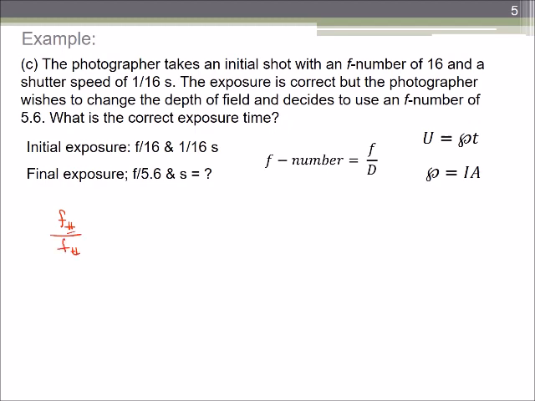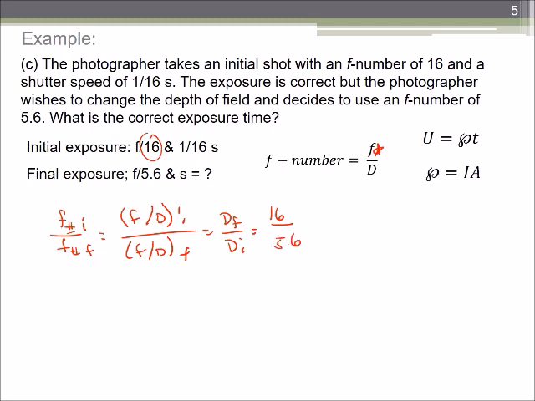So f number initial over f number final is equal to f over d initial divided by f over d final, which is d final over d initial. That's going to be equal to 16, which was my original f number, divided by my final f number, which gives me a value of 2.857.